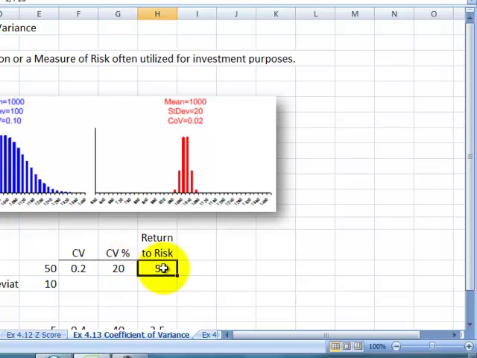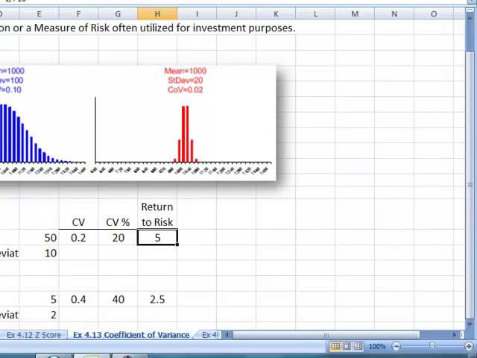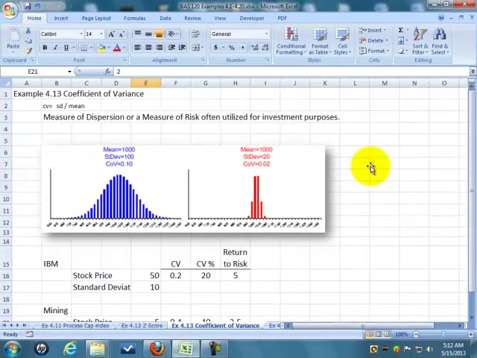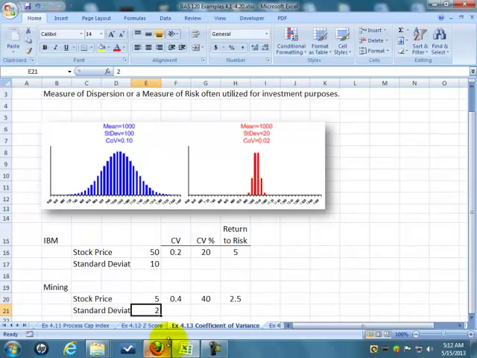So that's 20. And then there's another thing they sometimes do, they call it the return to risk, which is just the reciprocal of the CV. The reason they do that is the higher the return to risk, the less risky the investment is, as opposed to the lower the return to risk, the more risky. So if you look down here, it's a company called Mining. They have a lower standard deviation than IBM, but they're more risky because the coefficient of variance kind of standardizes that.